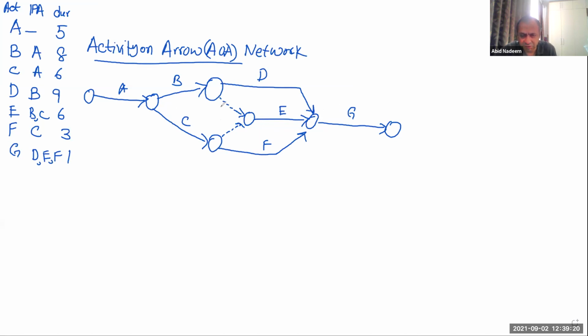So in this way, we just need to have only two dummy activities over here. Okay. So you can see, is the logic correct now? G has D, E, and F. E has B and C and nothing else, right? D has B and C has A and F has C. So I think the logic is correct now.